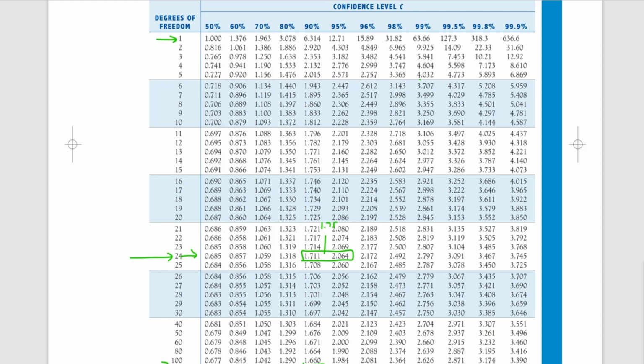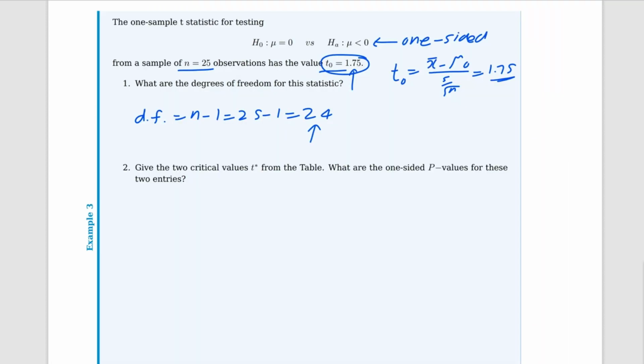Right. Therefore, we can say T1 star is 1.711 and T2 star is 2.064. These are the two critical values they are asking.